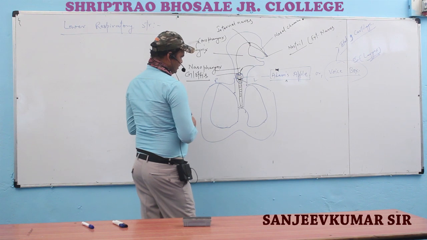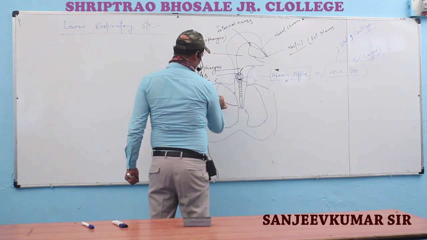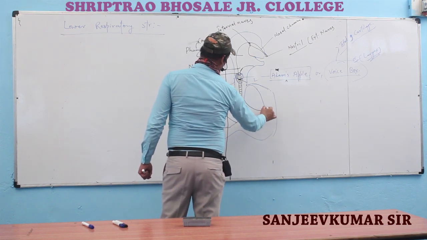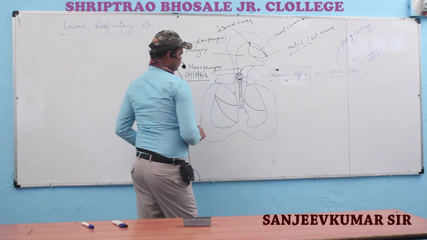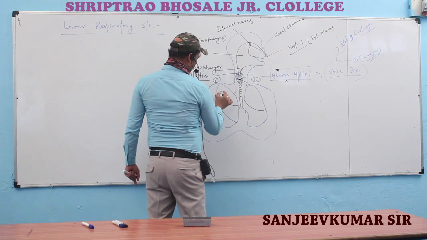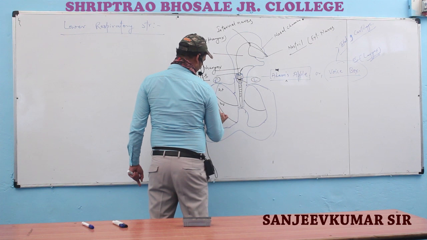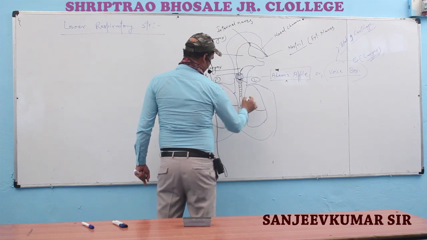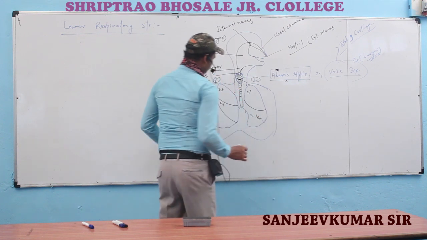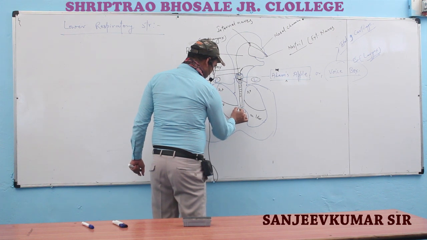Now this structure is further divisible into lobes. Here is right and left: first, second and third lobe on one side, and first and second lobe on the other.